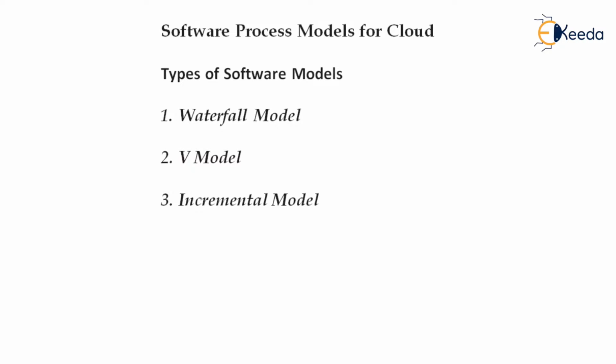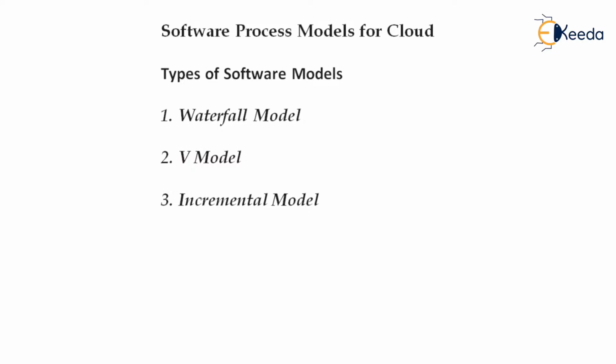These activities are synchronized in accordance with the process model adopted for a particular software development. There are many process models to choose from depending on the size of the project, delivery time requirement, and type of the project.